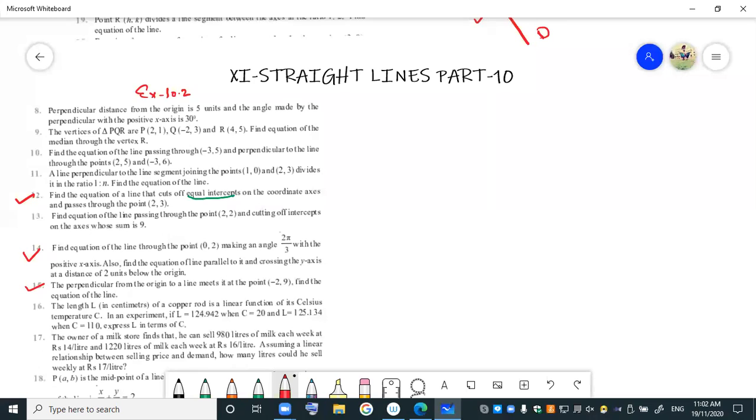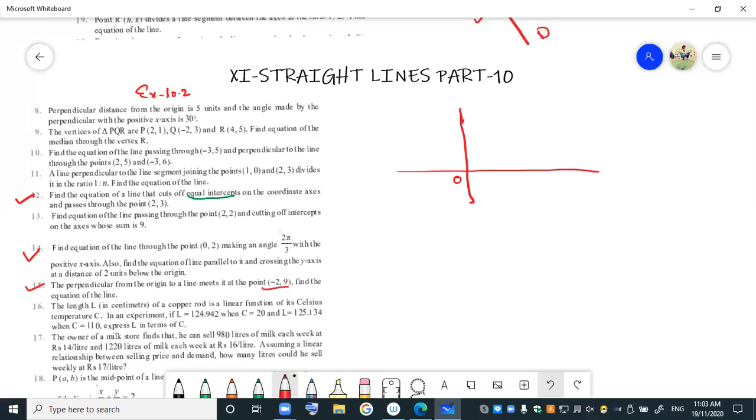Now question number 15: the perpendicular from the origin to a line meets it at the point (-2, 9). Find the equation of the line. This is the x-axis, y-axis, origin, and the perpendicular from the origin to a line. The line can be anywhere, but it is perpendicular from the origin.